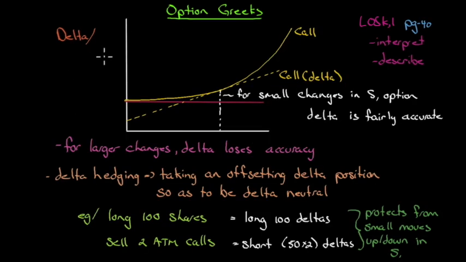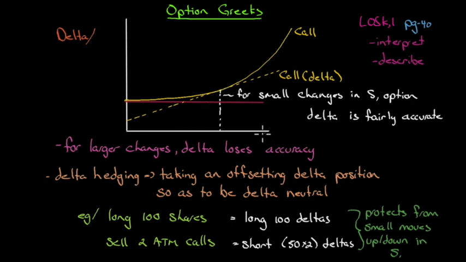All right, let's take a little closer look at delta. There's a little bit of a problem with delta, and this graph sort of shows you what the problem is. For large changes, delta loses accuracy. For small changes, if the stock price moves a little up or a little down, delta will be very good at telling us what the call price will be on the way up and on the way down.